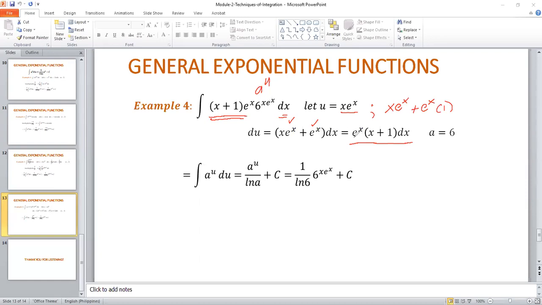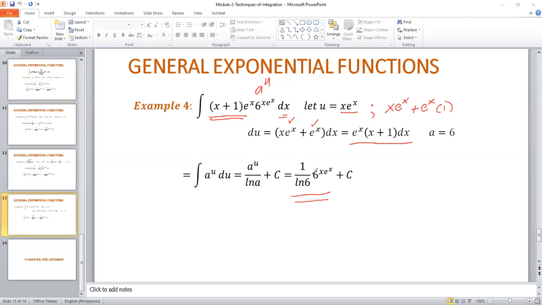Now, this is the derivative and your a here is equal to 6, the base. So your answer will simply be a raised to u over ln of a. As per the formula, this is your a raised to u and this is your 1 over ln of a. Do you follow so far?